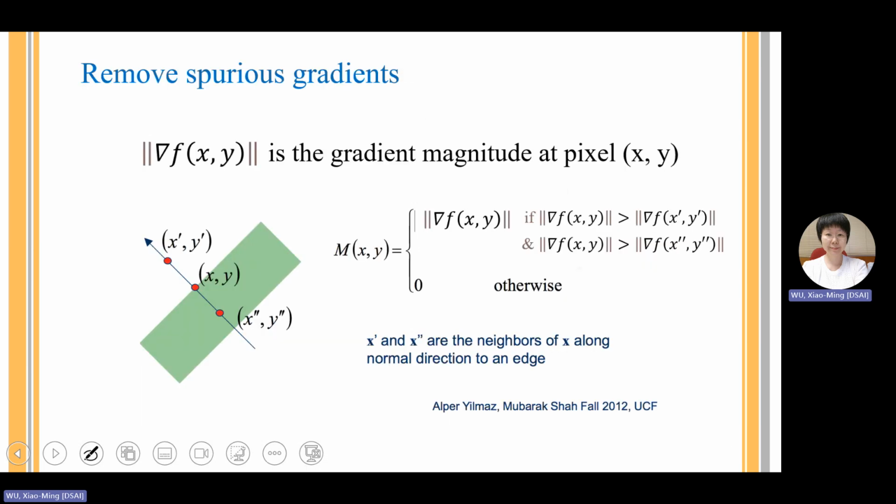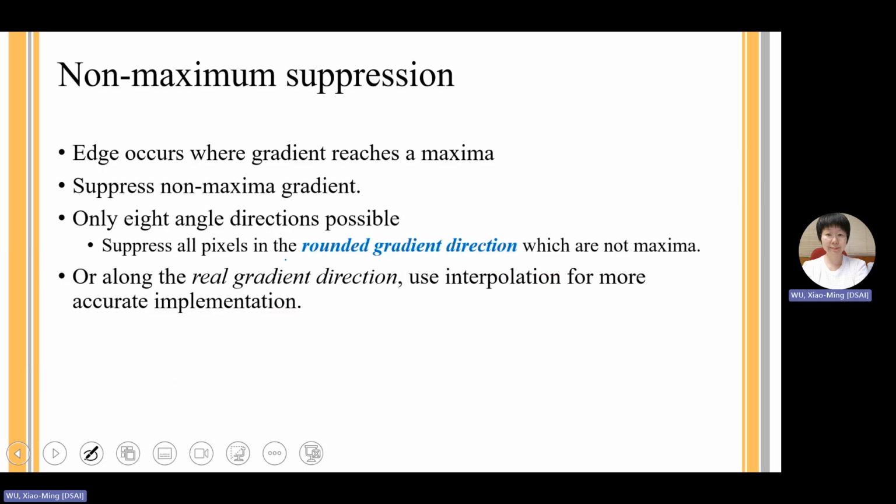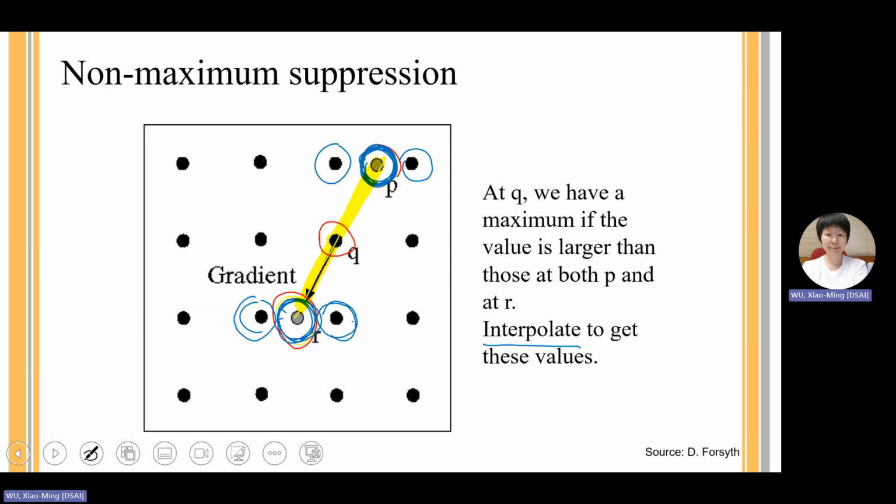We can either perform non-maximum suppression along the rounded gradient direction, the blue one, sorry, and compare the gradients of the real pixels.